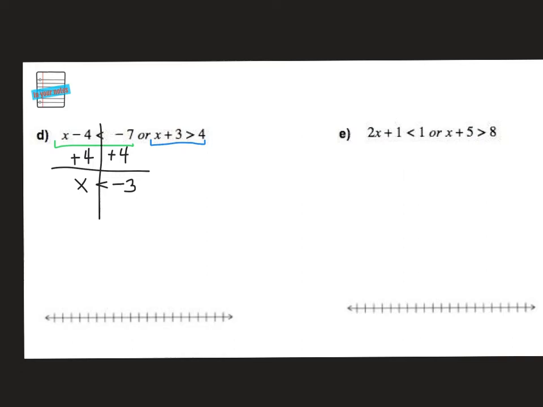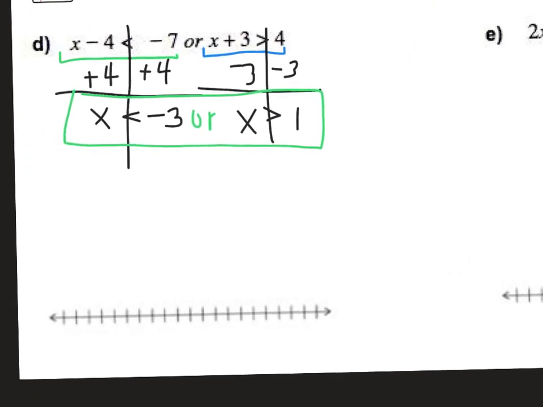Our second problem, we'll subtract 3 from both sides, and we'll get x is bigger than 1. Again, with the word or in between. So we'll have negative 4, negative 3, negative 2, negative 1, 0, 1, 2.